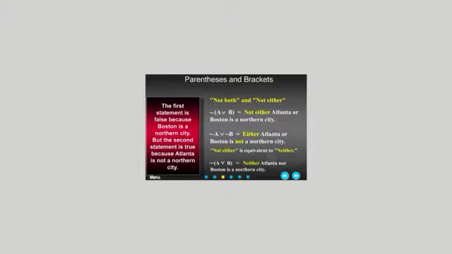Well, not either means neither: neither Atlanta nor Boston is a northern city. So when you see neither, to make things more complicated, it means not, parentheses. Not either and neither are equivalent, but either-or-not is very different.